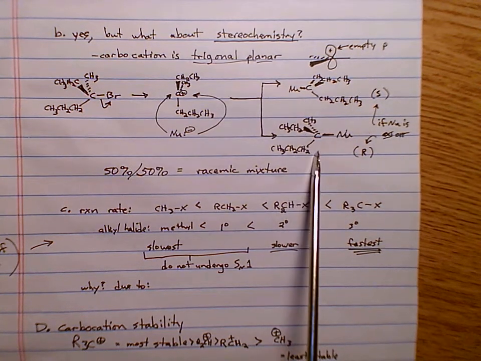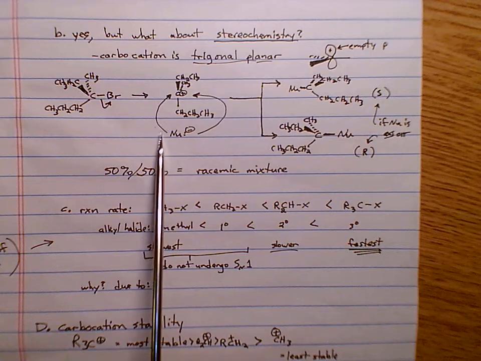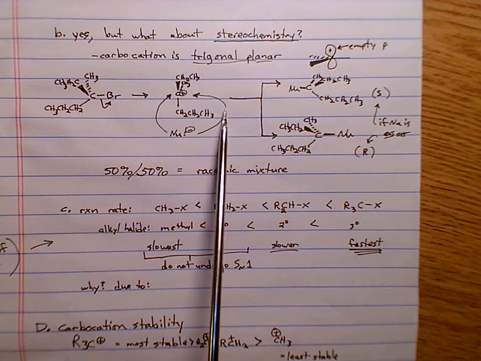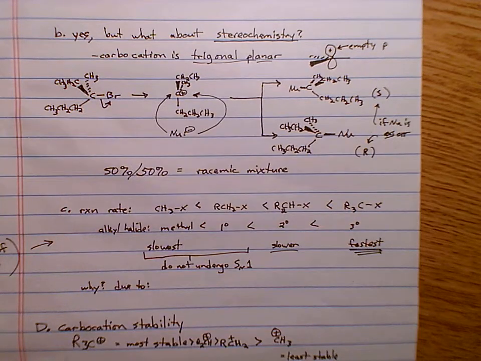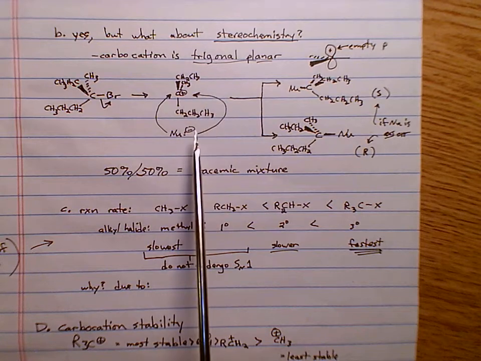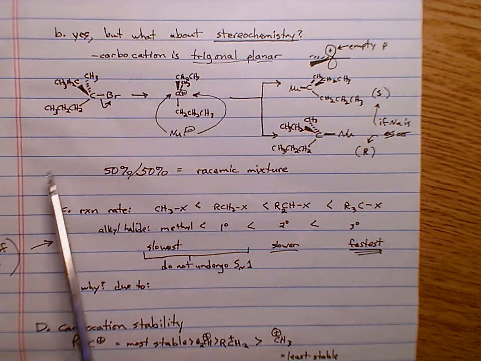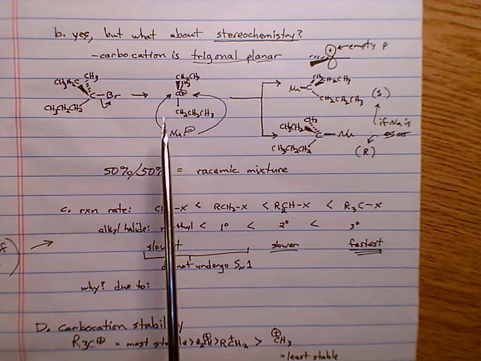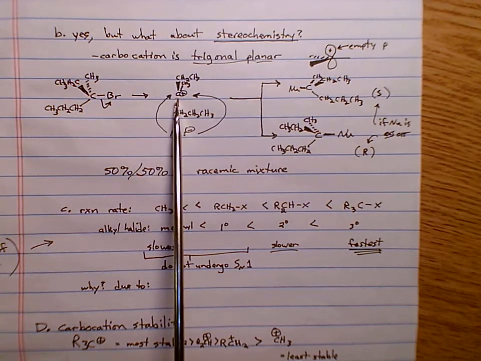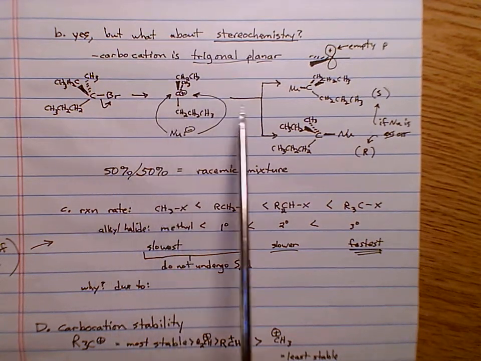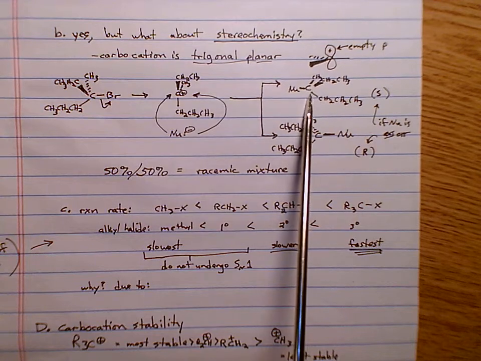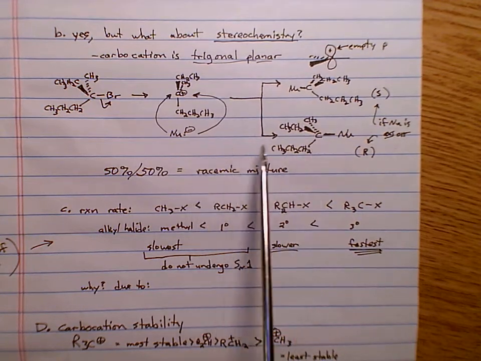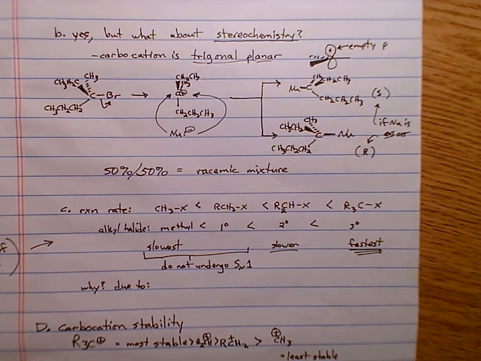These are the 2 enantiomers. What's the chance that the nucleophile comes in on this side compared to this side? It's a 50-50 chance. So what that means is when you do an SN1 reaction with a carbocation that is chiral, if the product's going to be chiral due to that carbocation, you will get a racemic mixture of the products.